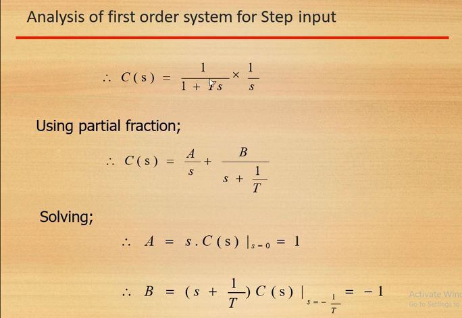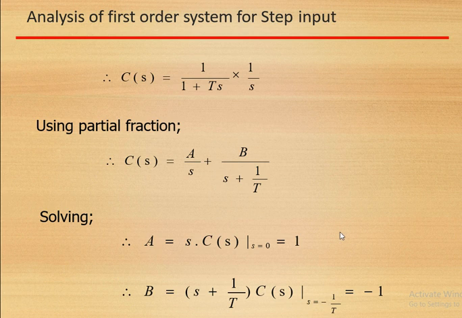So C(s) is equal to 1 upon 1 plus Ts into 1 upon s. Using the partial fraction method, C(s) will be A upon s, the first coefficient, plus the second coefficient B divided by s plus 1 upon T. By solving with the help of the partial fraction method, I am getting A as 1 and B as -1.